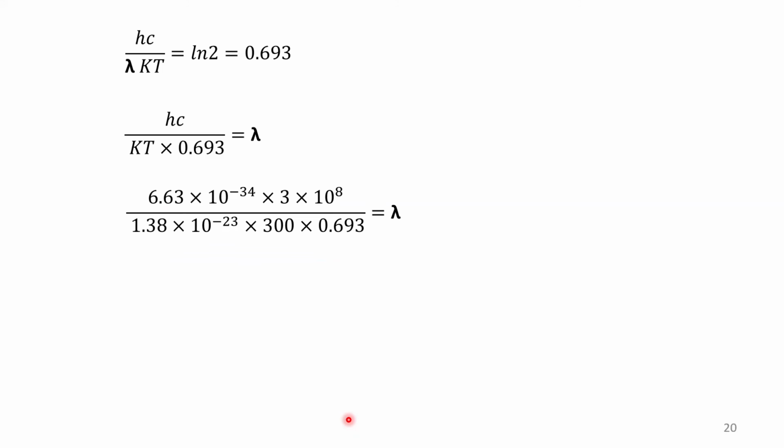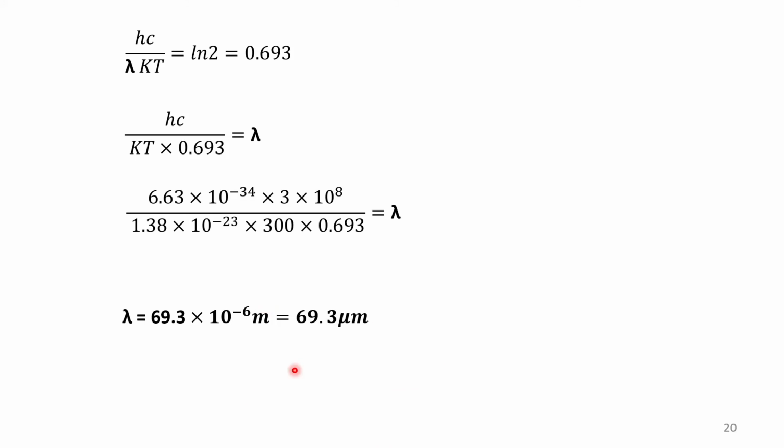Now by substituting the values of hc and kT, we get the value of lambda, and lambda is equal to 69.3 into 10 to the minus 6 meter, or the wavelength of the radiation is equal to 69.3 micrometers.